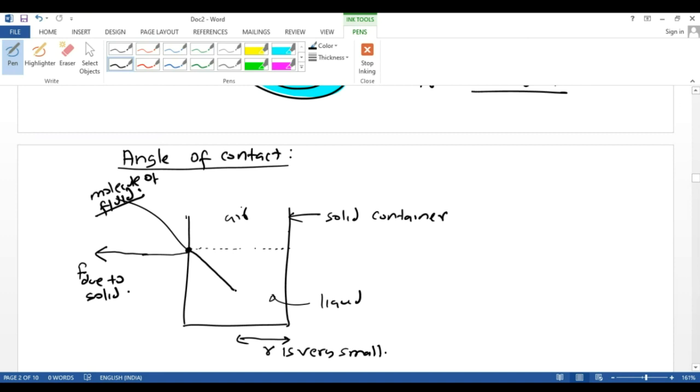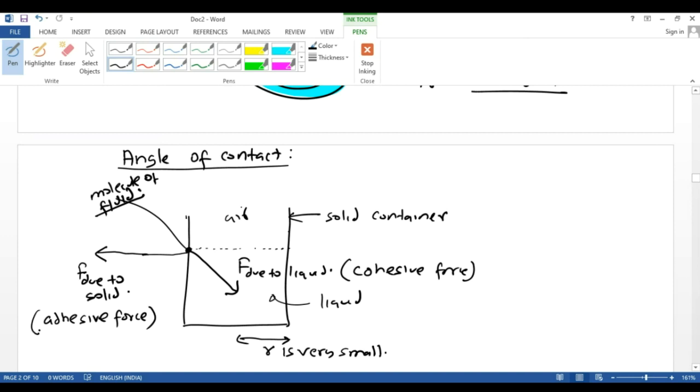And then here you will have the force due to liquid. Right, so now the force on a molecule of fluid because of molecules of fluid is given a name, cohesive force. And the force on a molecule of fluid due to molecules of solid, we give it a name, adhesive force.